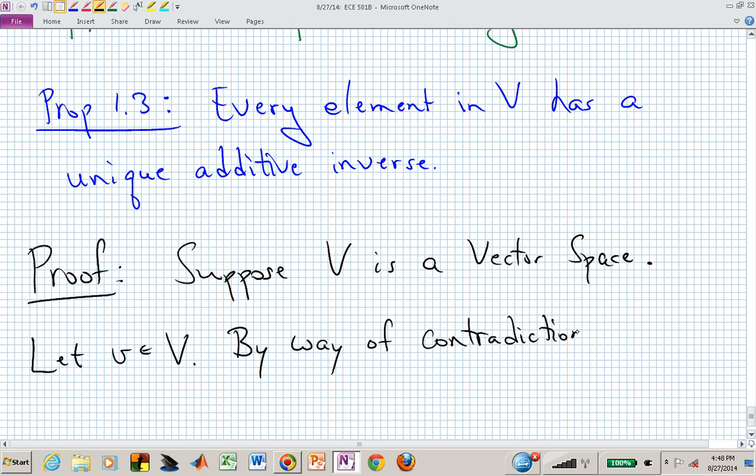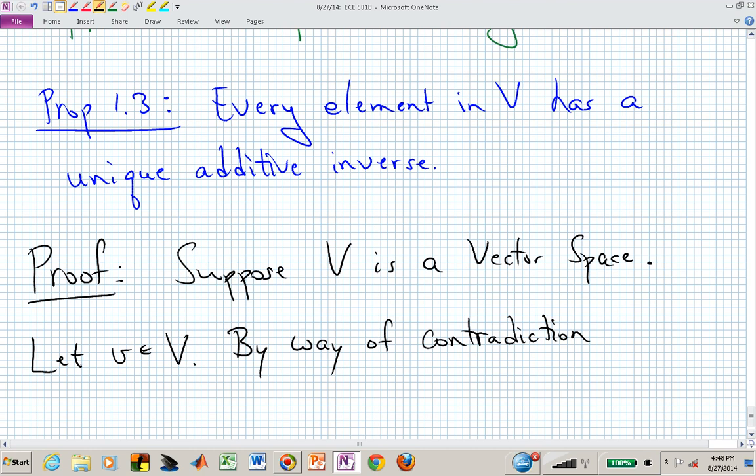Now, proof by contradiction says assume not B. So now we need to basically assume that we have some non-unique additive inverses for V. So let's just assume that we have two different additive inverses.